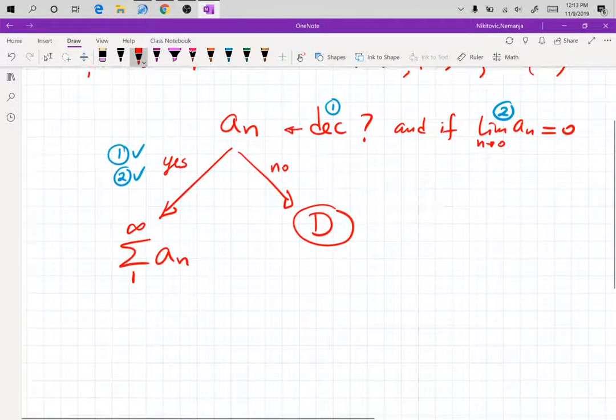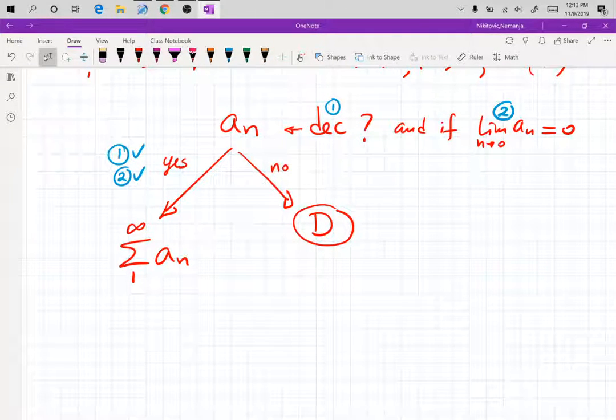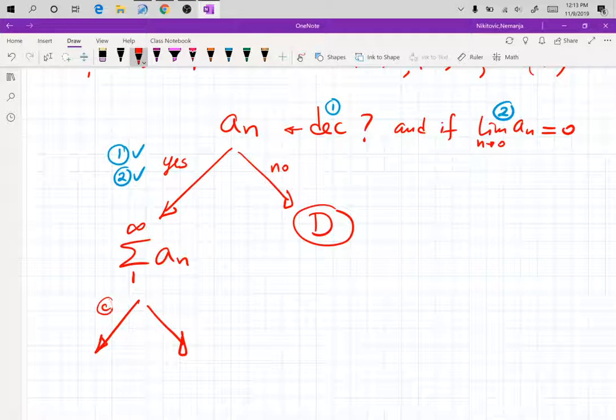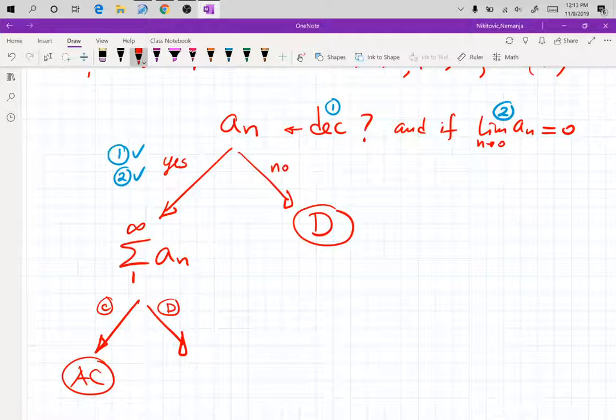And now, when you look at the series of a_n, that one can converge or diverge depending on what it is, right? If this is the summation of 1 over n, it will diverge. If it's the summation of e to the n, it will diverge. If it's the summation of (1/2)^n, it will converge, right? So it depends on what a_n is. So now if it converges, it's going to be absolute convergence.